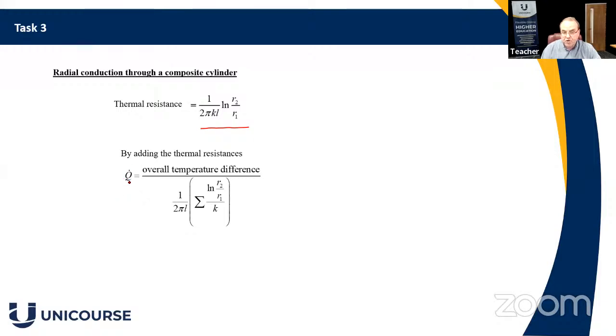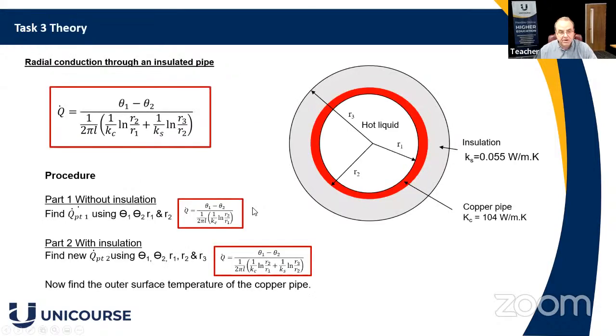In its general form, Q is the overall temperature difference divided by the overall thermal resistance. So it's 1 over 2 pi L, and it's the sum of the log of the different radii divided by the respective thermal conductivity for the particular material we're looking at. We'll talk about that on the next slide. Hopefully that will become a bit clearer.